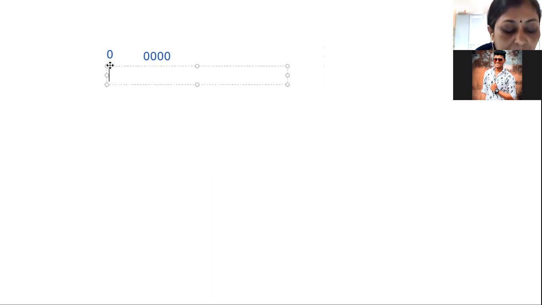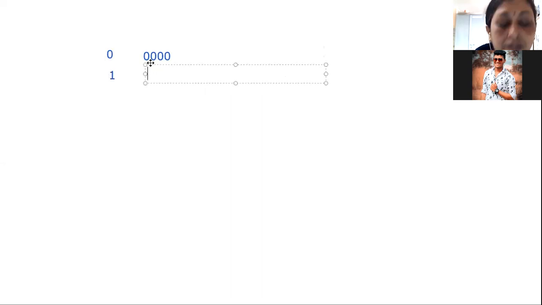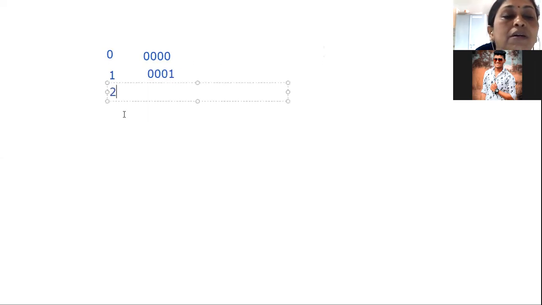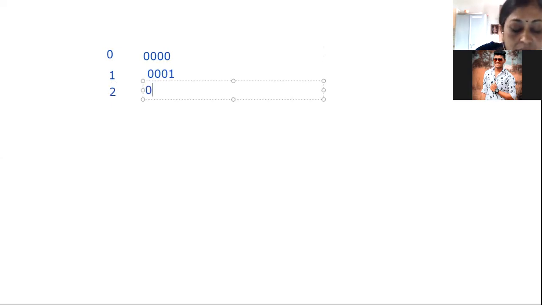If your digit is 1, replace it with 0001. If it is 2, replace it with 0010. So this is the binary equivalent of 2.